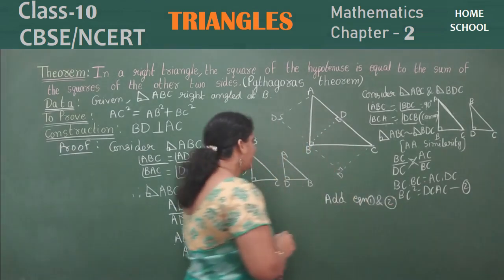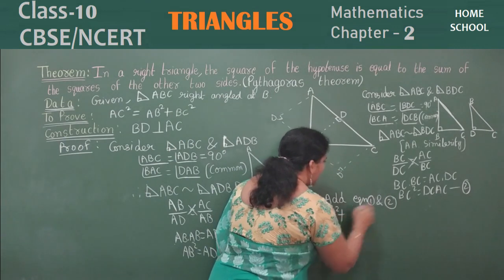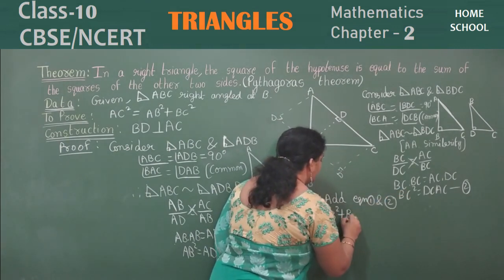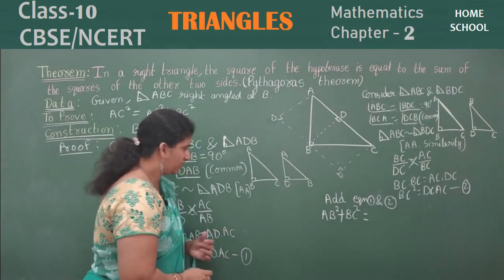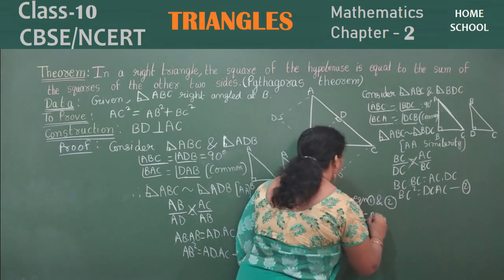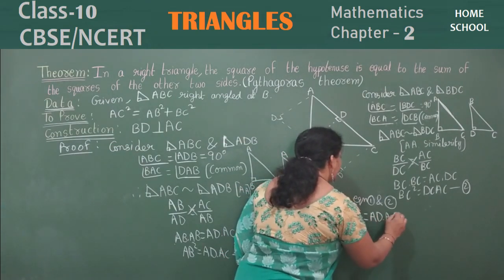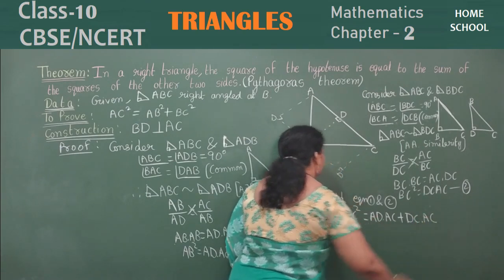What do we get if we add? AB square plus BC square is equal to, on the left hand side we add, and on the right hand side we add, AD into AC plus DC into AC.